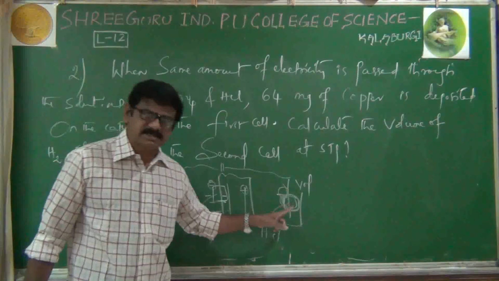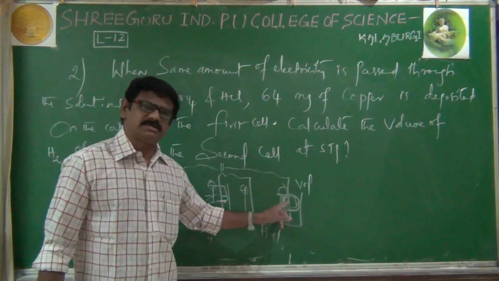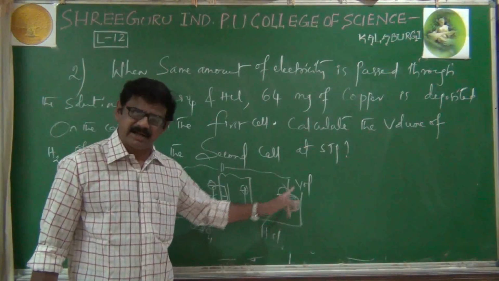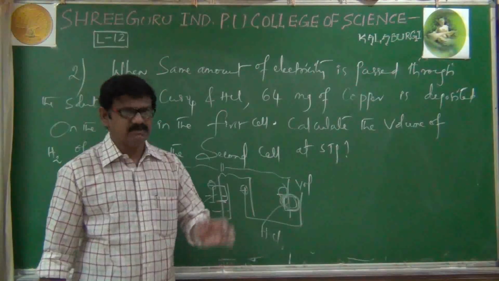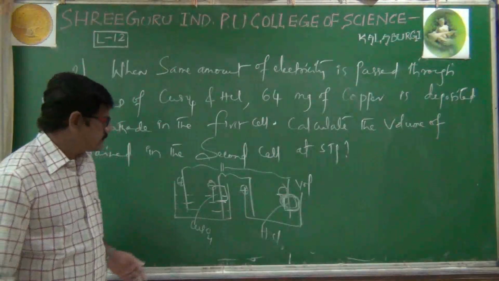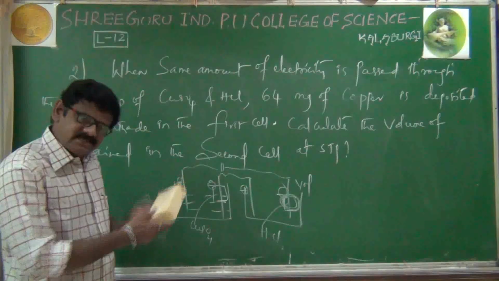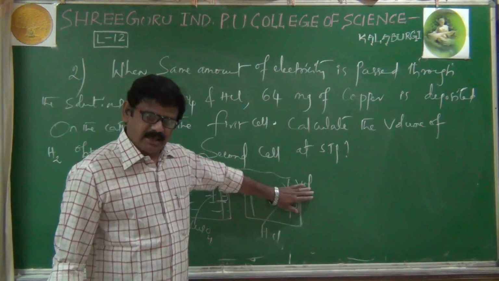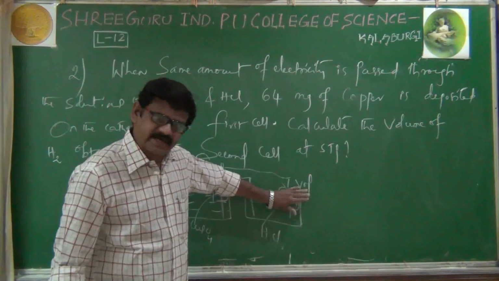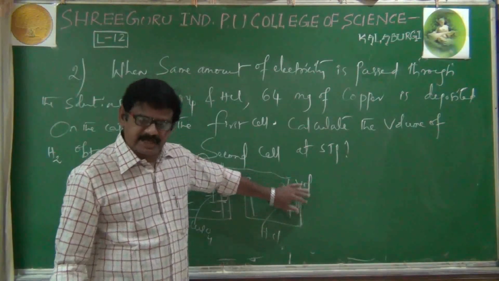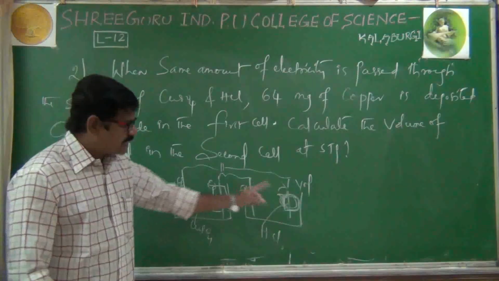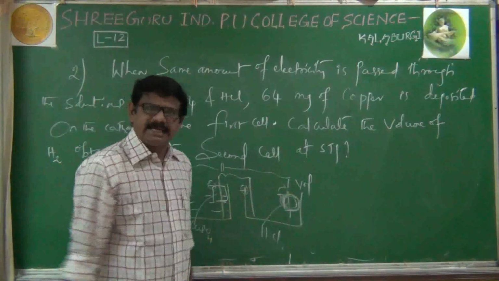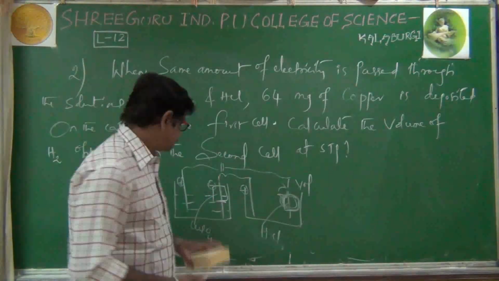In the second cell, instead of mass, he has asked for its corresponding volume. That's why we'll do one thing. First we'll find the mass only, remember. Like the previous question type, first we'll find the mass as it is. After getting the mass value, that mass will be converted into its corresponding volume. Right.